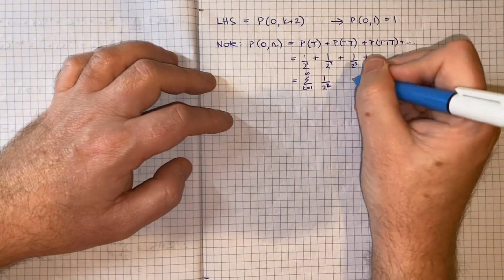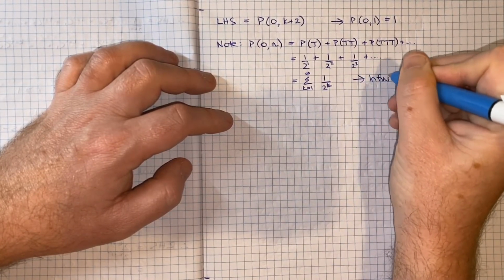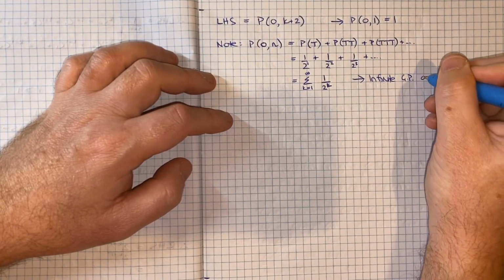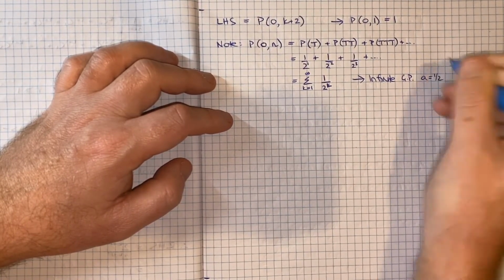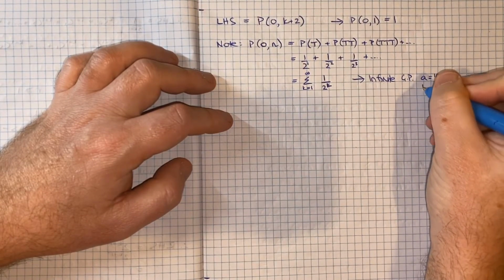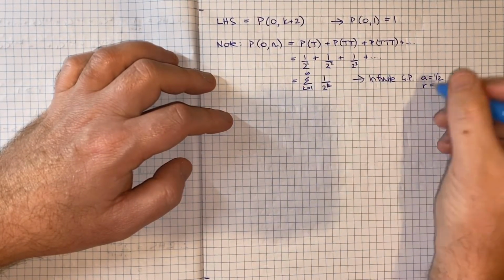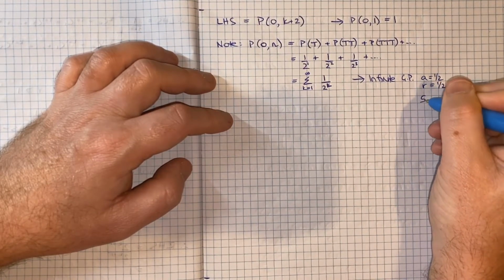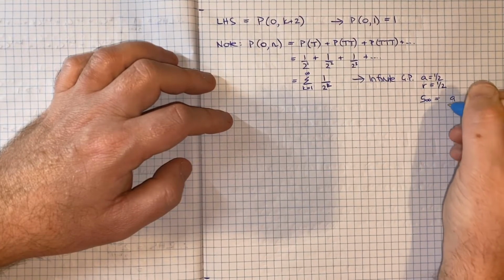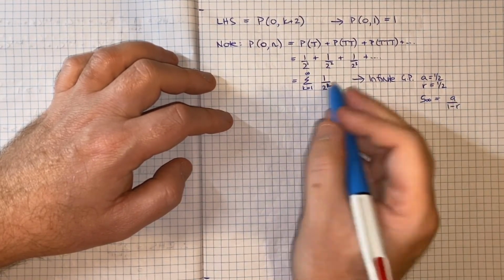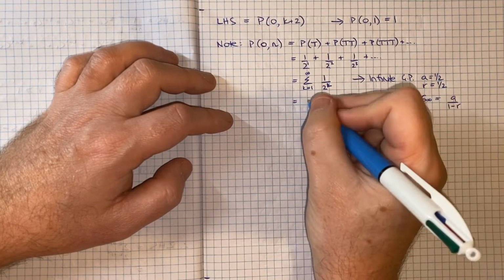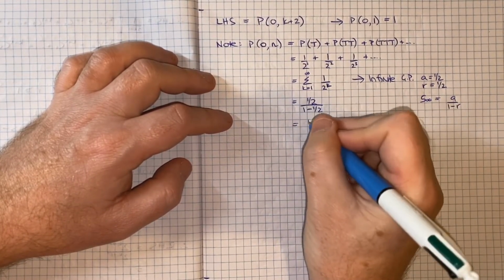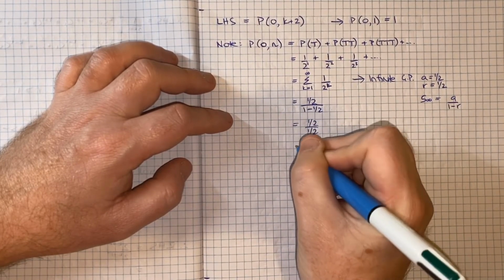Now this is an infinite geometric progression where our first term, a, is a half, this one here. Our common ratio is also a half, each one's growing by a half. And you may remember the sum of an infinite GP is a on 1 minus r. So this sum here would become a half on 1 minus a half, which is a half on a half, which is 1.